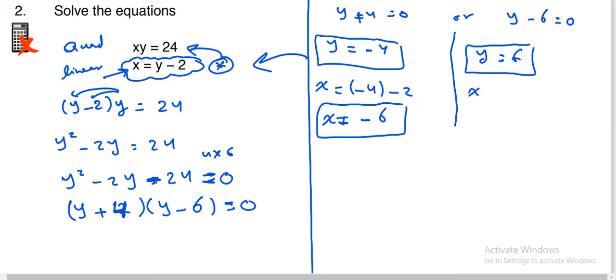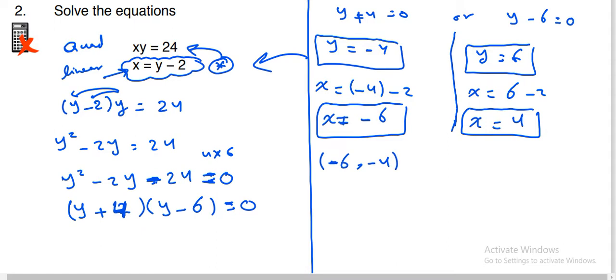Here x equals 6 minus 2, so x equals 4. We can leave the solution like this or write it as ordered pairs, but pay attention, the value of x first, then the value of y. Whatever value we find first and whichever we find second, in the ordered pairs the first number is x and the second number is y. Here it's 4 and 6.